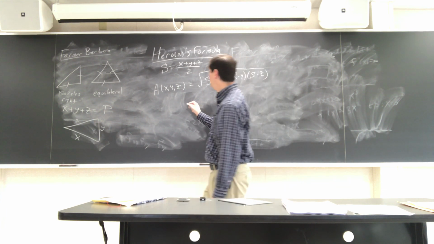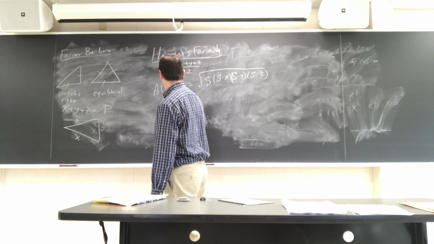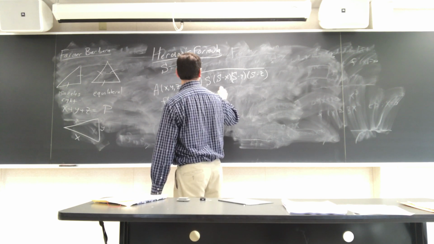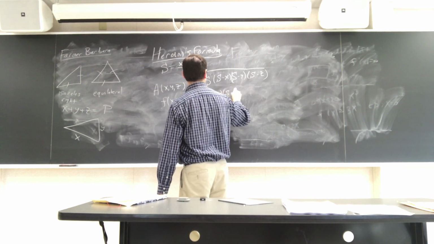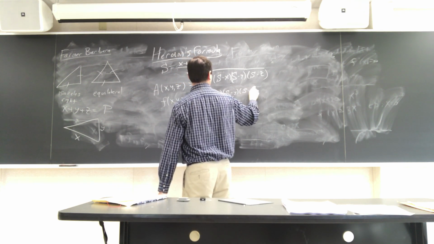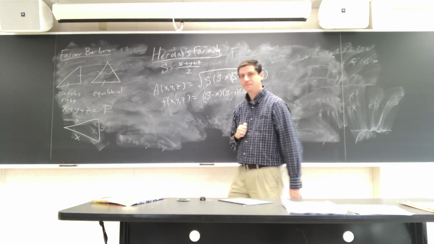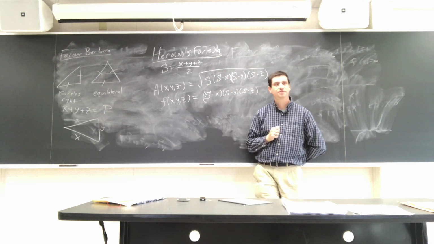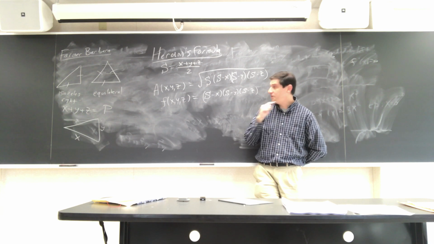And in fact, we can do something even better. I'm going to look at f of x, y, z is just (s minus x)(s minus y)(s minus z). Why am I dropping the s? It's one thing to square it.